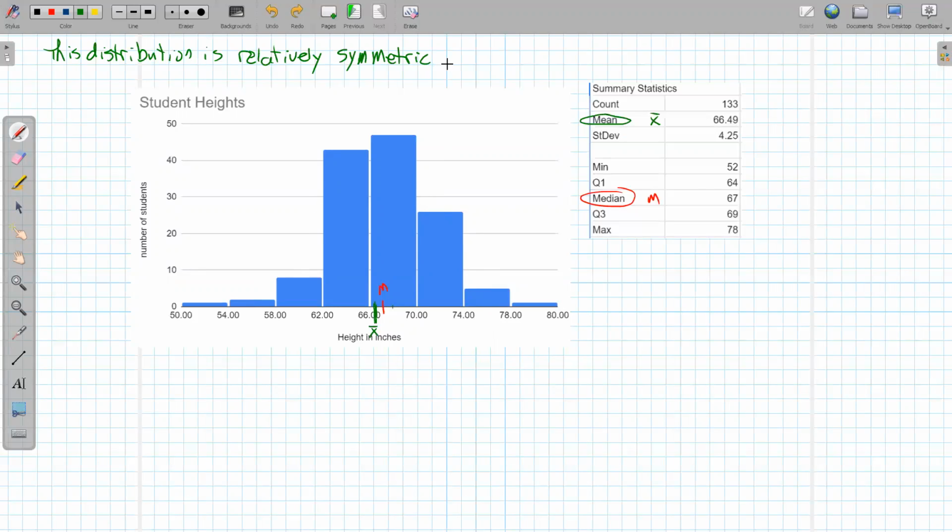It's relatively symmetric and bell shaped with a slight skew left. See, do I have my right and left right today? Yes, got it.